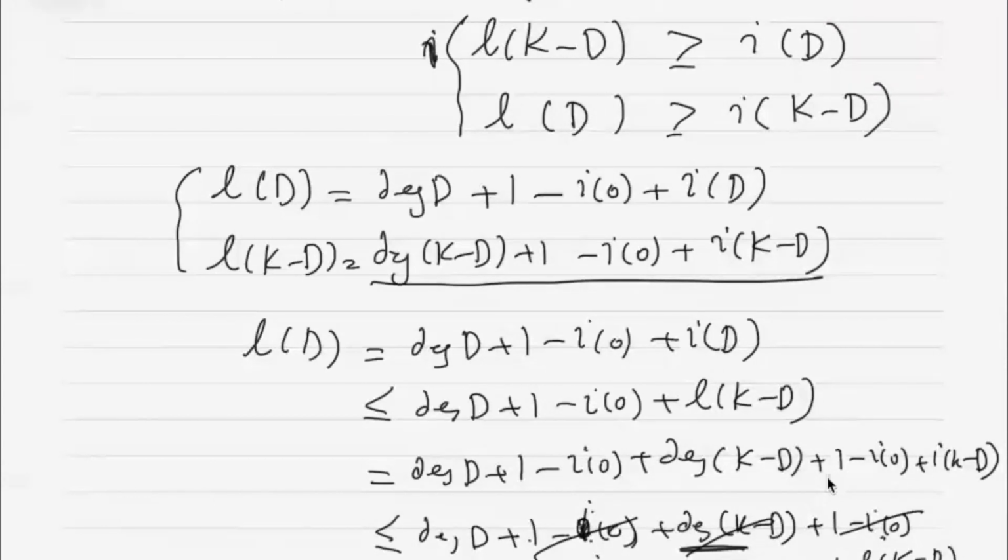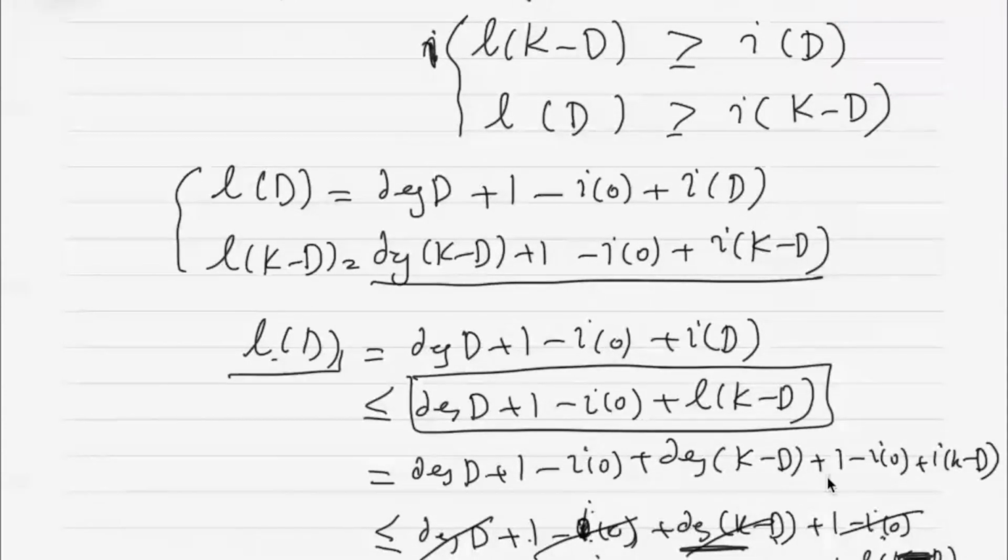This is the L of d, not k of minus d. And this minus degree of d will cancel this. So you get L of d is less than or equal to L of d, and therefore everything must be equal in between. Namely, we must have equality here with this.